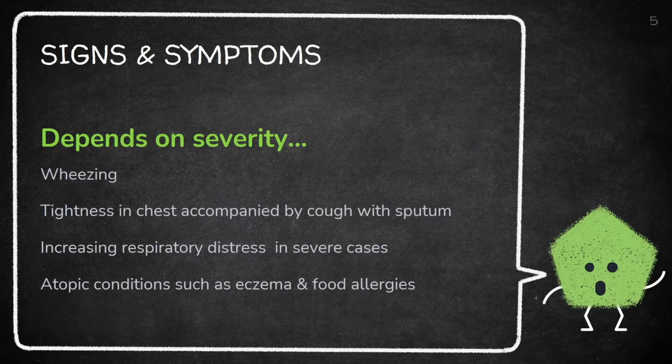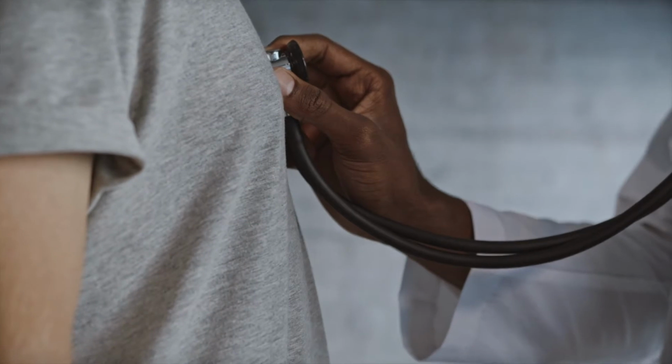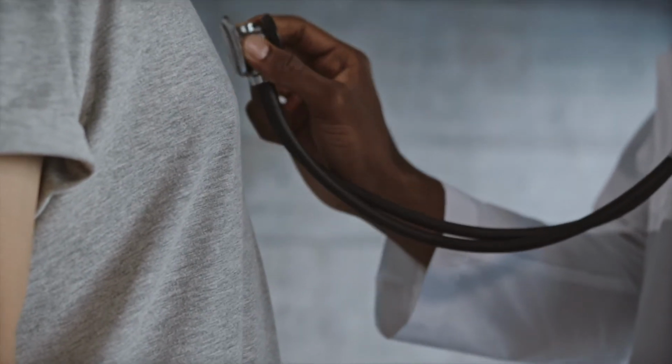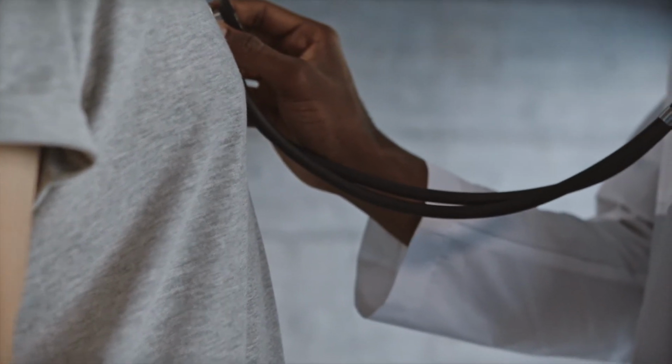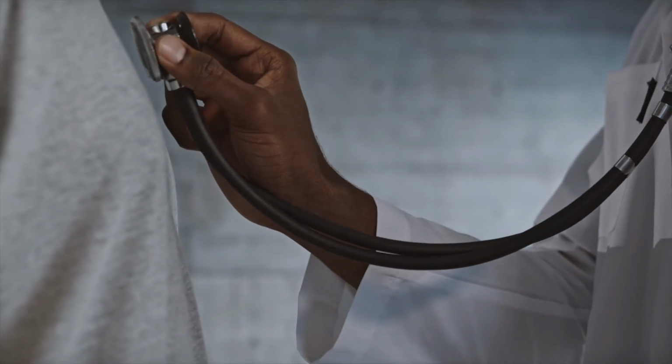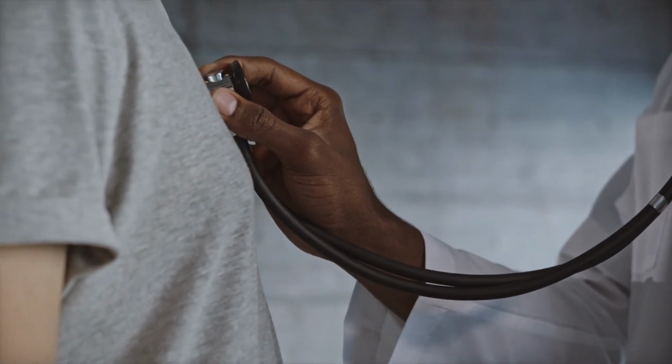Signs and symptoms of asthma will depend on the severity. Some symptoms tend to be mild, some moderate, and then some severe. The most common symptom is wheezing, which is bilateral, and this is usually due to partial obstruction of the airway as a result of the inflammation.